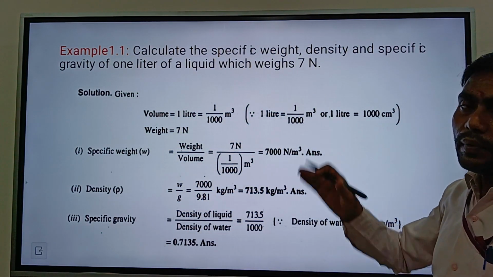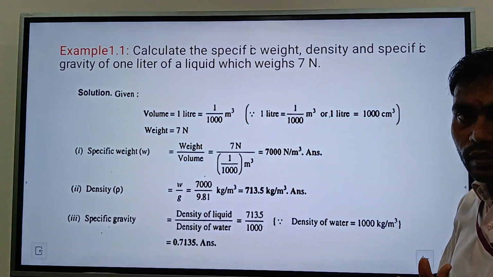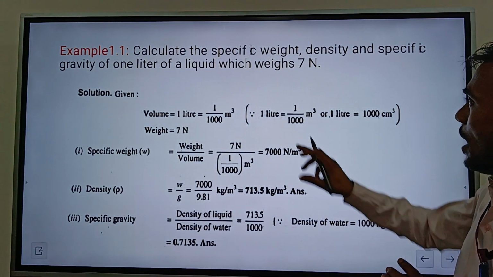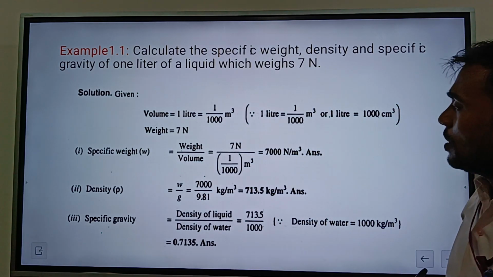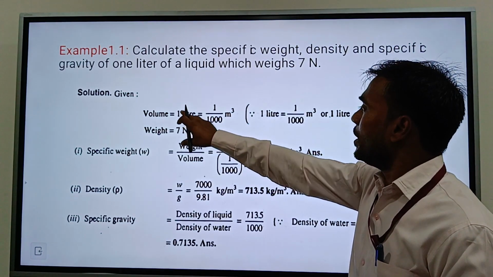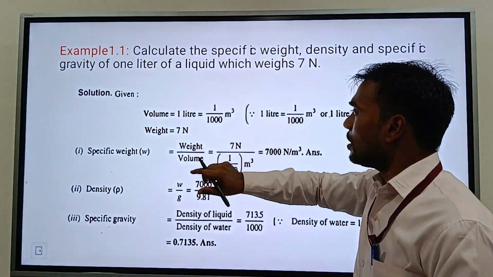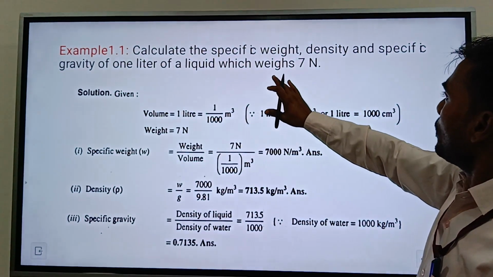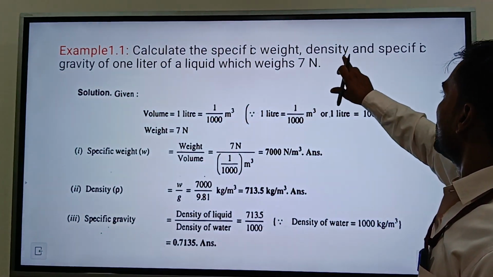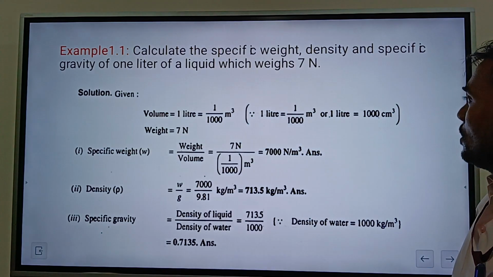The volume of liquid is given, 1 liter, and its weight W is 7 Newton. So the given data is volume 1 liter and weight 7 Newton.